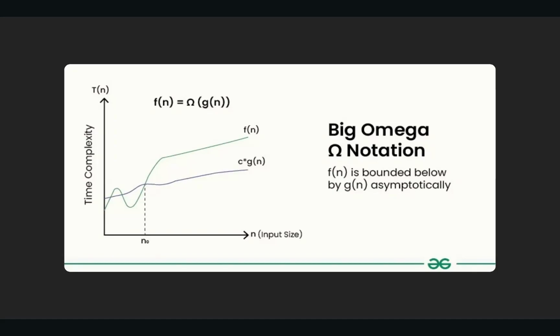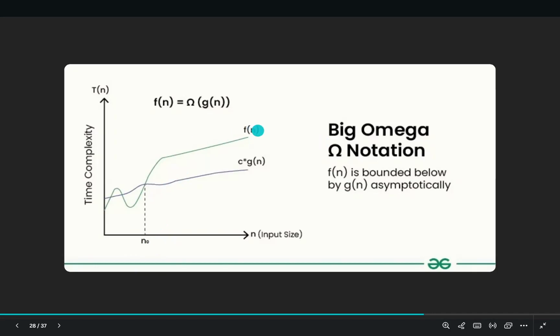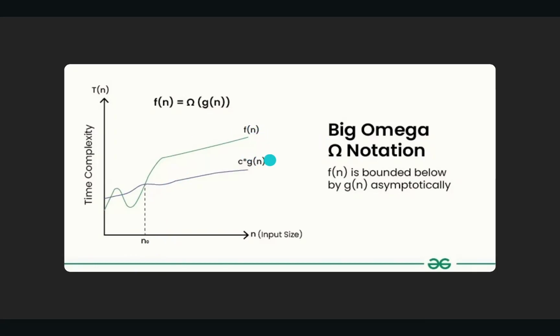In big O, C times Gn had to be greater than Fn for all values after N naught. So there can't be a situation where after a particular point, C times Gn goes above Fn. I'm talking about big omega notation here. I finished talking about big O.